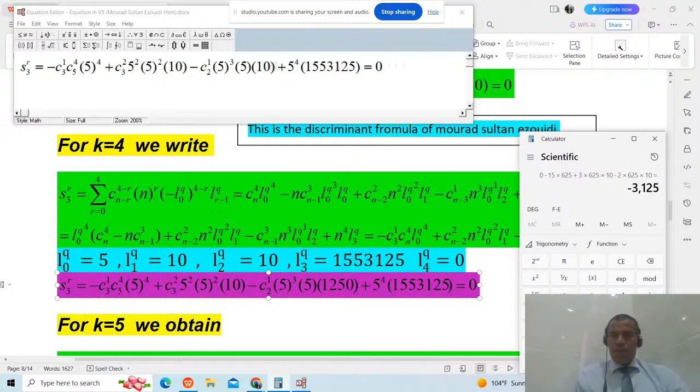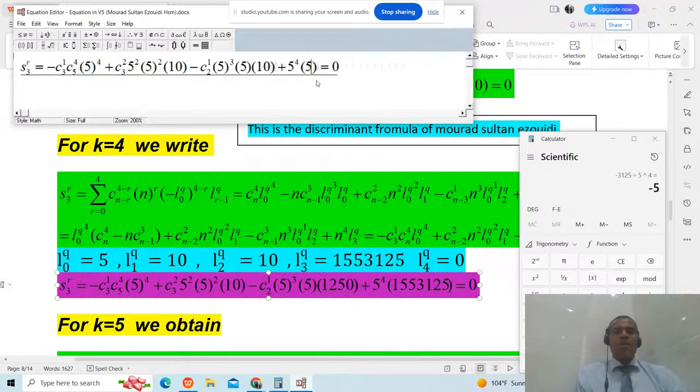I should divide this by 5 raised to the power 4 to get the new one. It will be negative. So this one is 5. Good. Then therefore this one is 5.